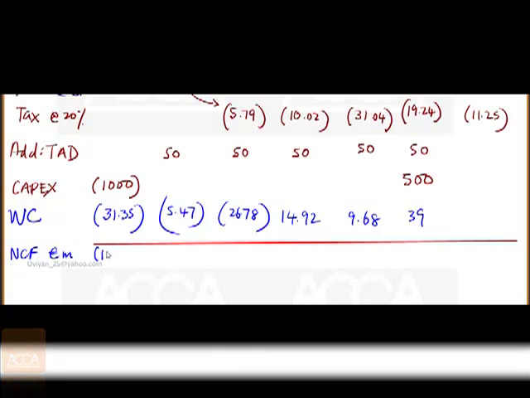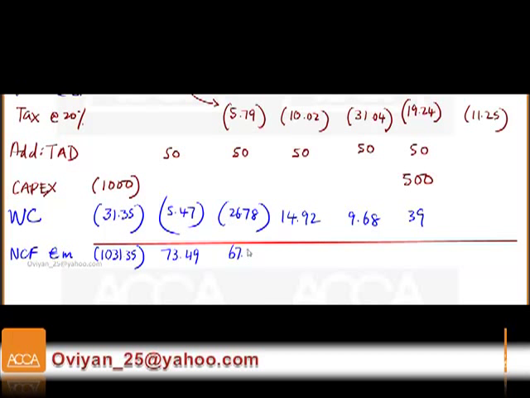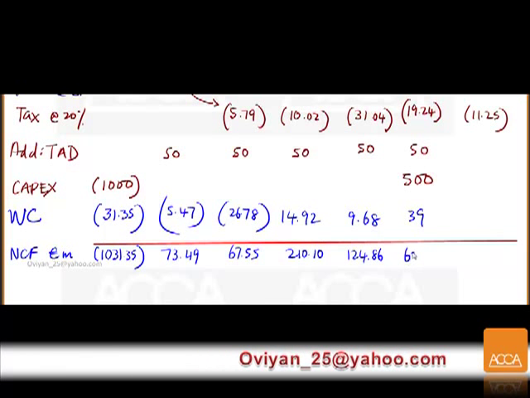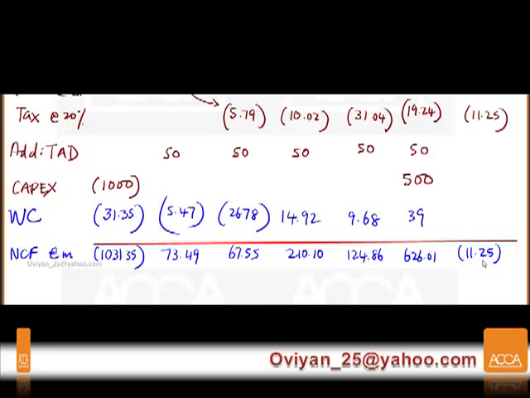This is going to be 1031.35, 73.49, 67.55, 210.10, 124.86, 626.01, and negative 11.25.